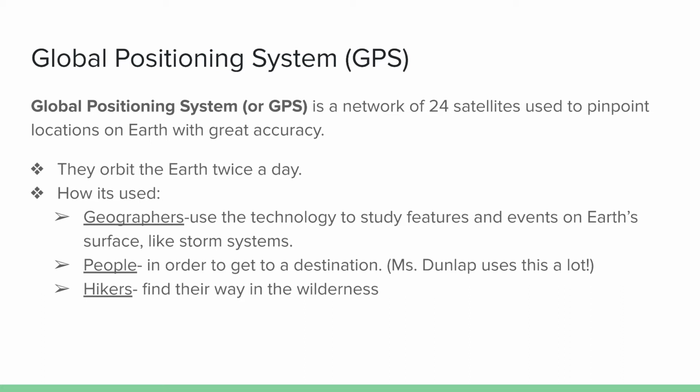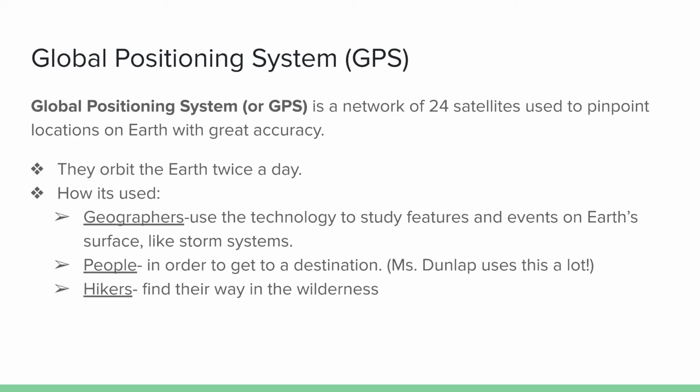People just like you and I use it to get to a destination. Miss Dunlap, I use this a lot. Sometimes I don't know where I'm going, so I use my GPS on my phone, aka Google Maps, to get where I need to go.